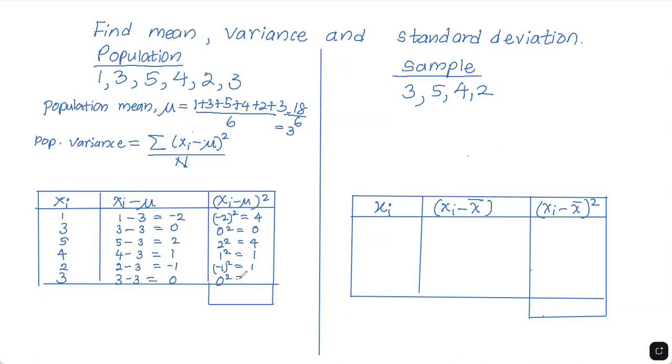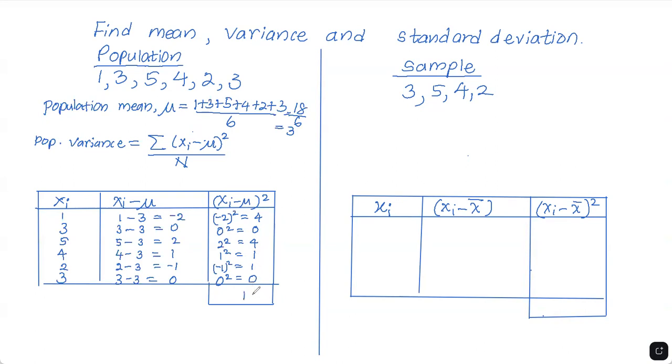Finally, 0 squared equals 0. If you look at the formula, it is the summation of xi minus mu squared terms. So now you have to take the summation of all these square terms. What is the summation? 4 plus 0 is 4, 4 plus 4 is 8, 8 plus 1 is 9, 9 plus 1 is 10.